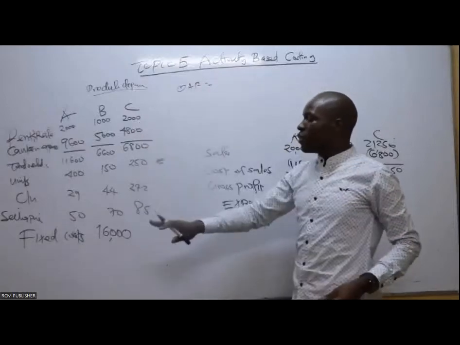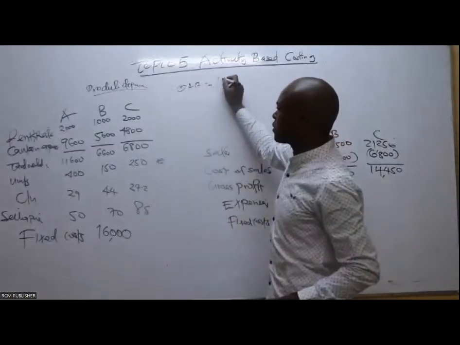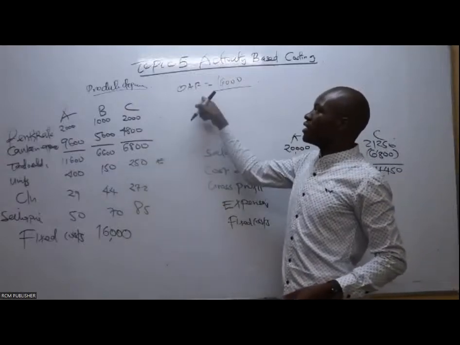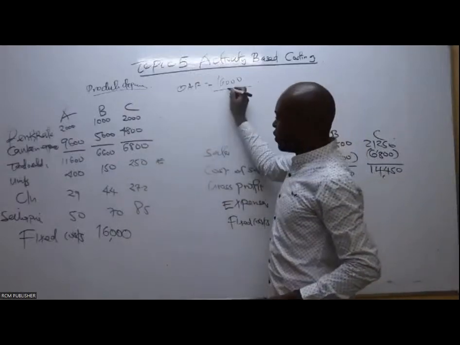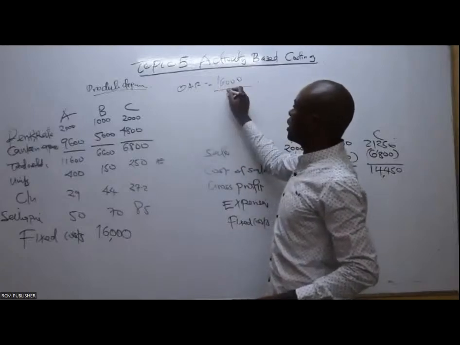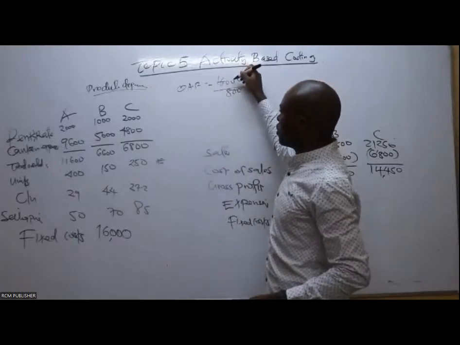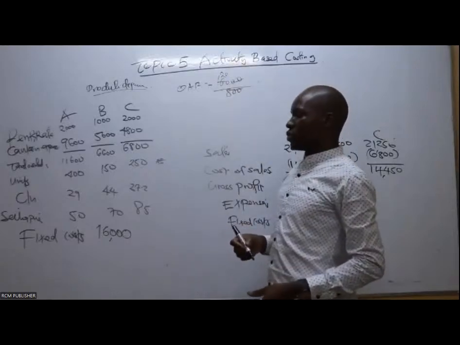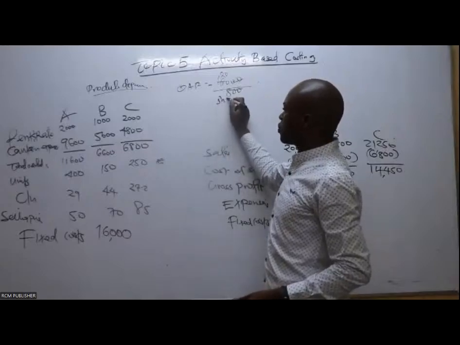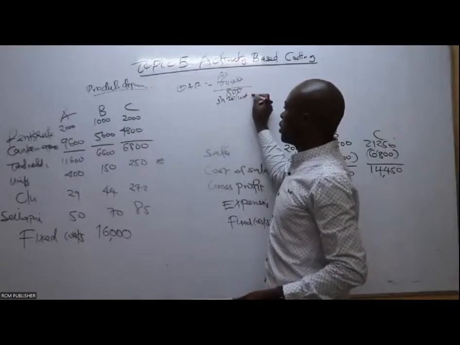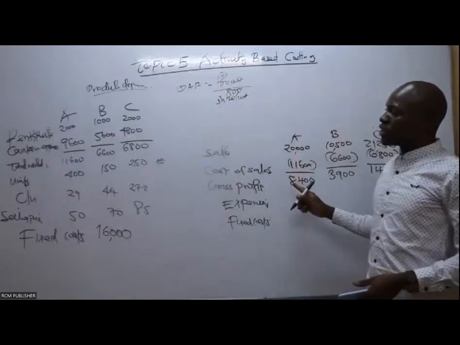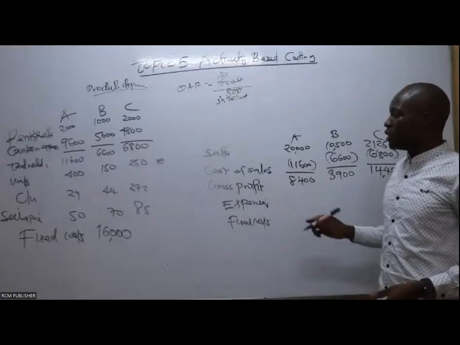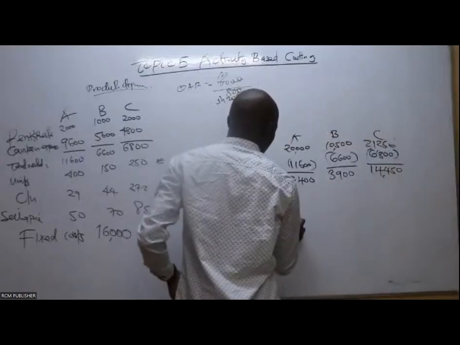Total fixed cost divided by the number of units of output, the activity level, which is 800, gives us 20. So it's going to be shillings 20 per unit. Department A produced 400 units. 400 by 20 will give us 8,000.